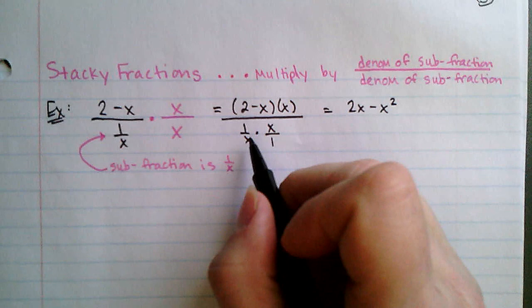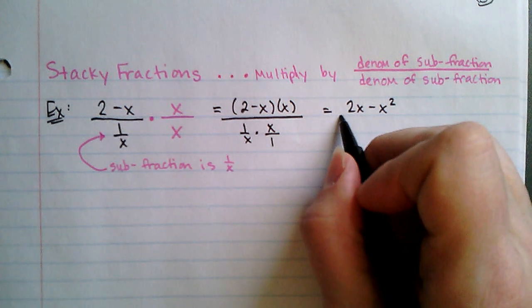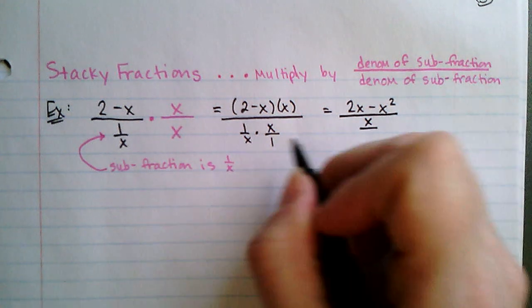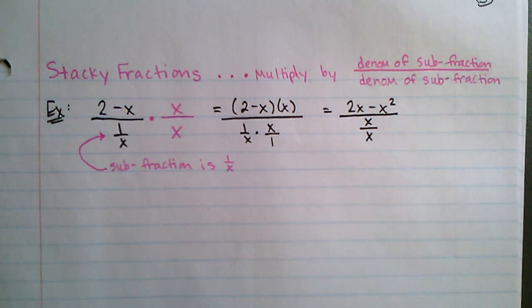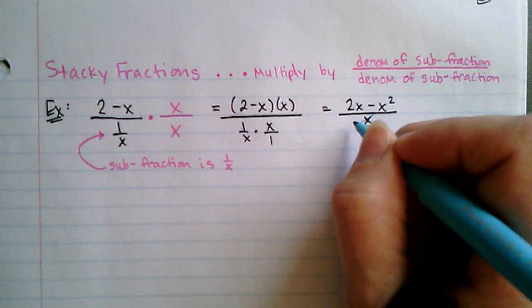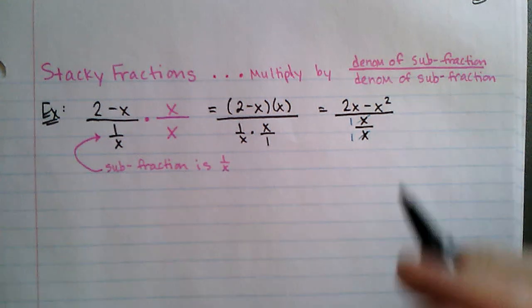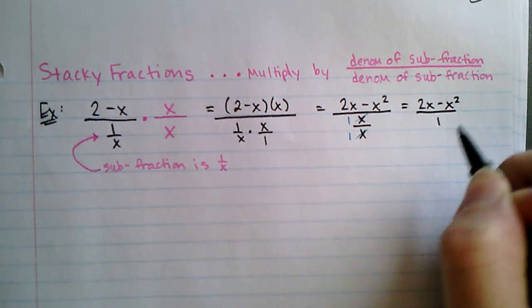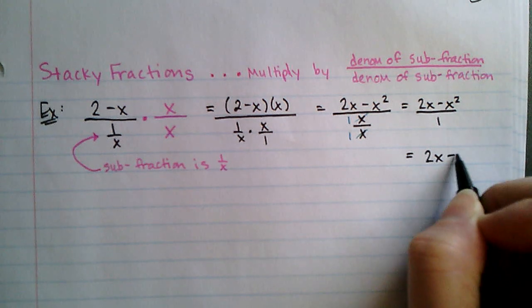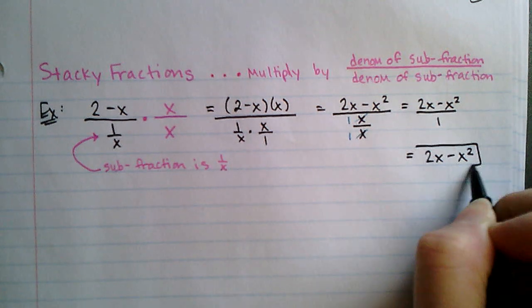So when I multiply that fraction, 1 times x is x times 1 is x, and guess what happens? x and x cancel, leaving 1's in their place. So now I have 2x minus x squared over 1, which is just 2x minus x squared.